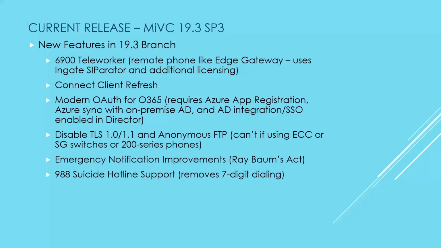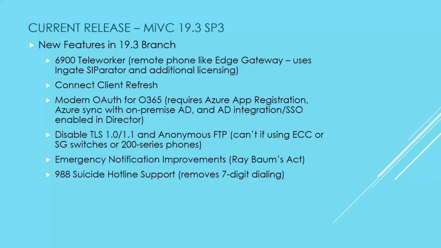Another major change that a lot of people certainly noticed, if weren't really happy about, was the ability to support the 988 suicide hotline. Again, it was a regulatory change that, in this case, required some actual changes to the way dialing works in the system.